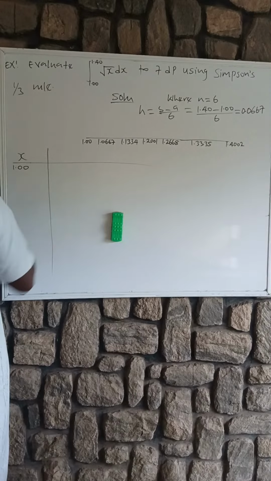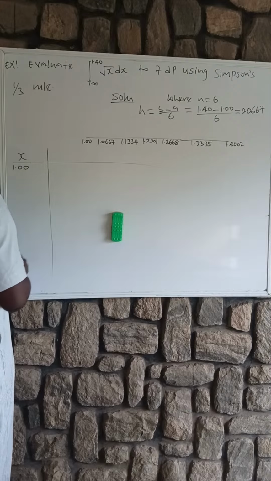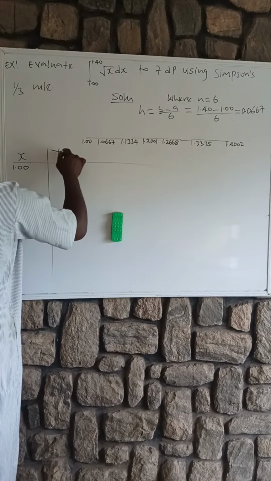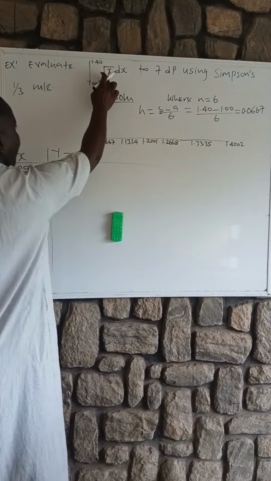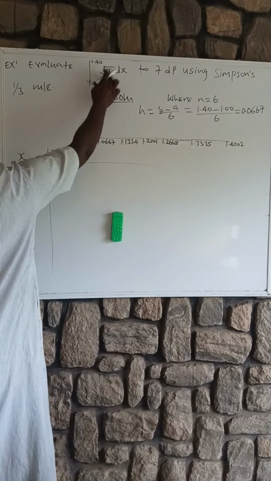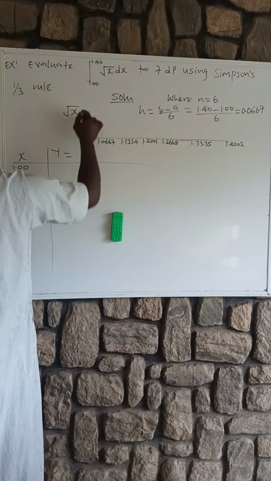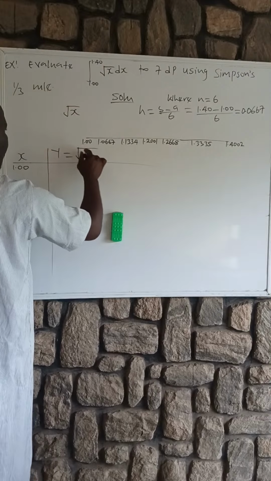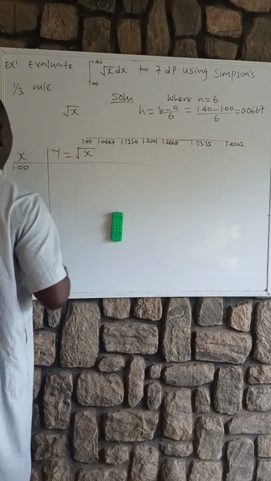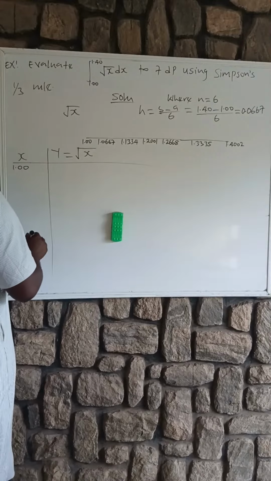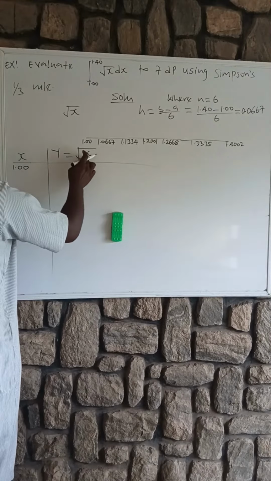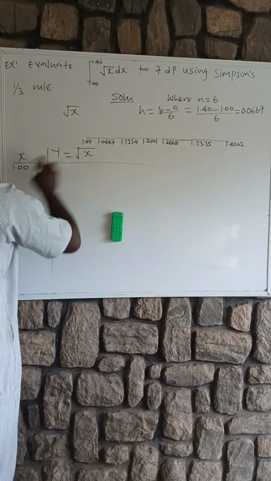Is that clear? So it means our y will be equal to the function here. The function here is what? It is the square root of x. So y is equal to the square root of x. Then what we need to do is substitute this inside here.